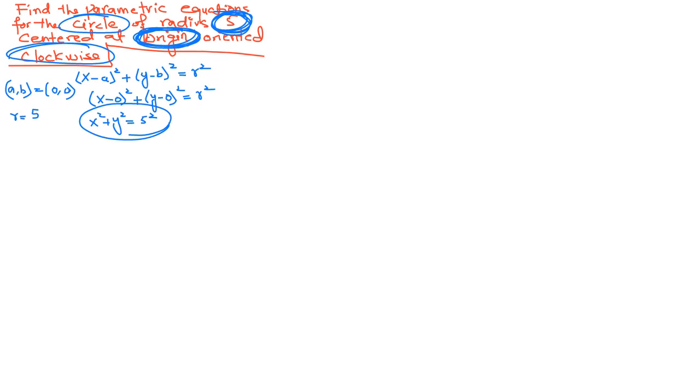This equation we got from the given data. Now from this equation we have to find the parametric equations. Now listen carefully. For any circle in general form, the parametric equations are x is equal to r cosine of theta and y is equal to r sine of theta.